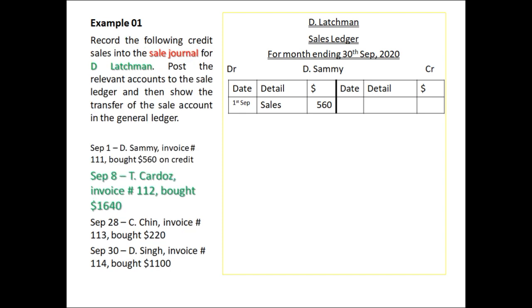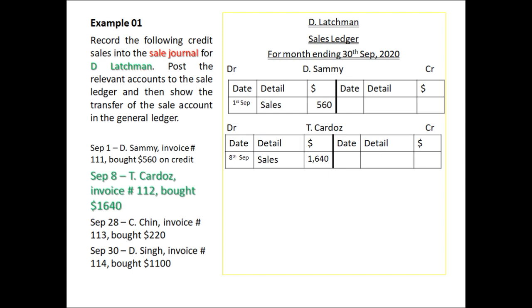Then we read the second transaction. 8th of September, T. Cardos bought $1,640 worth of goods. So we draw the account in the same way for T. Cardos. We place our debit and credit at the top, using the same format that we used for D. Sammy. And we ask ourselves, is T. Cardos receiving or giving out something? The answer is that he's receiving credit sales worth $1,640.